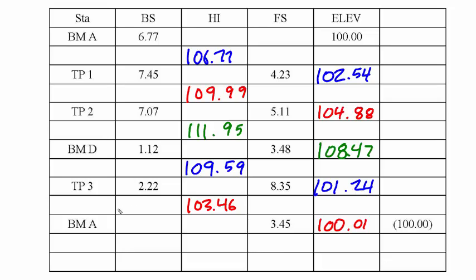The way we do this is we sum any backsights and foresights that are taken on turning points or benchmarks. In this case, all of our backsights are taken on benchmarks or turning points, so we will sum them all. The sum of these works out to be 24.63.